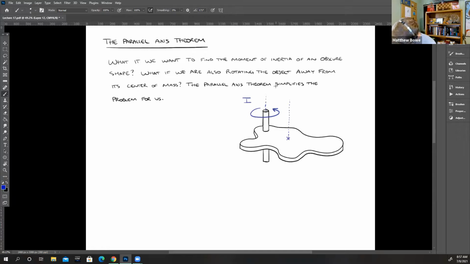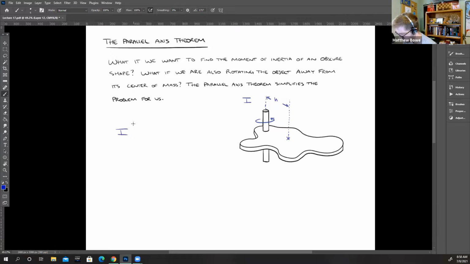So what is the distance between the axis of rotation it is spinning on and where the center of mass is? From here to here, we'll call that h. Parallel axis theorem is an equation that helps us out a lot.